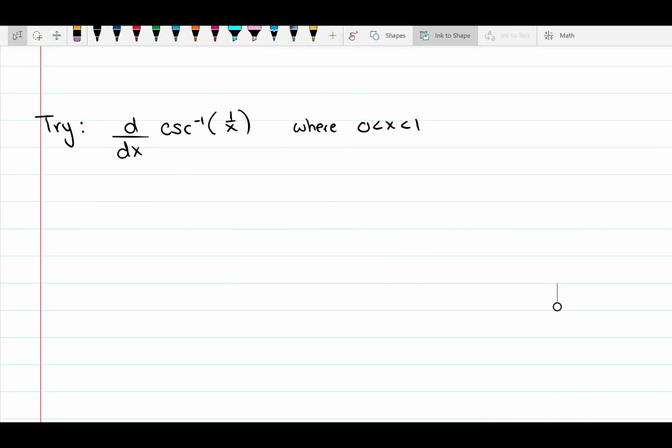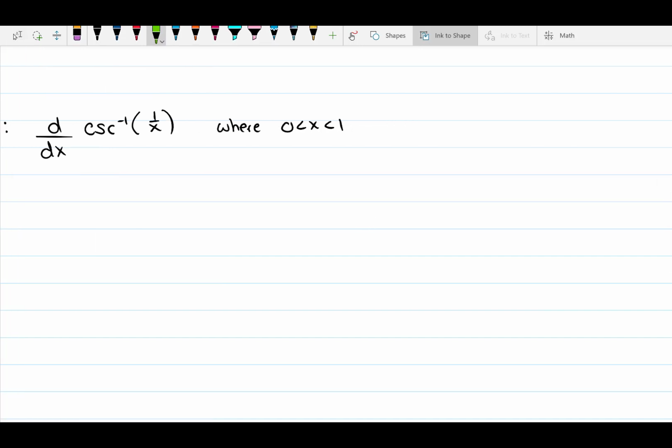Alright, let's go ahead and take the derivative just to make sure you got it right. So let's recall what the derivative of cosecant inverse is without having anything crazy in the middle. So the derivative of cosecant inverse of x is equal to -1 divided by the absolute value of x times the square root of x squared minus 1 times the derivative of x.